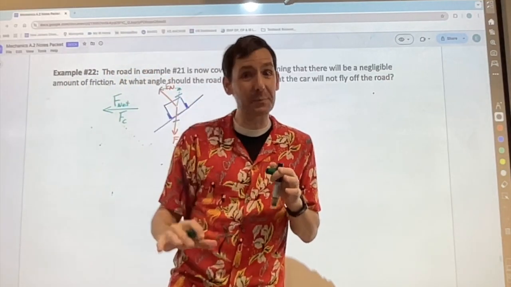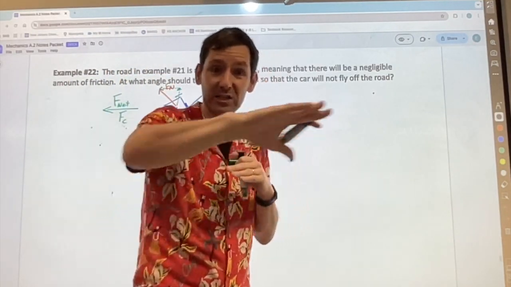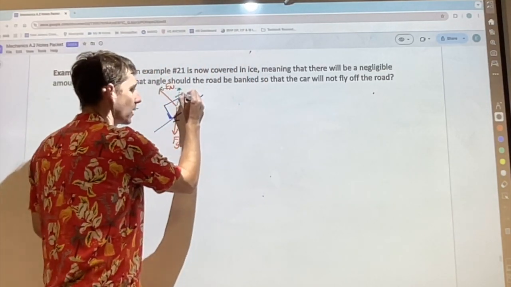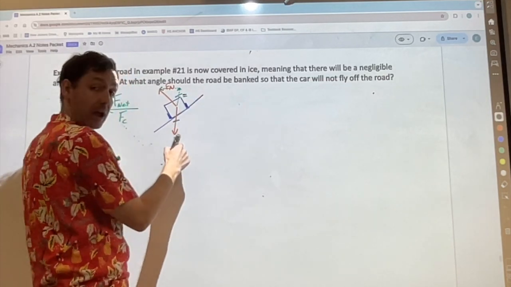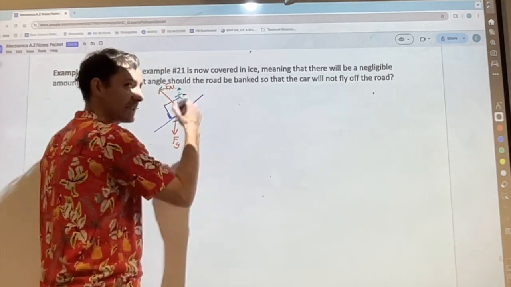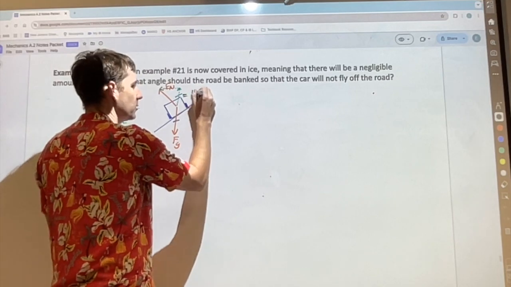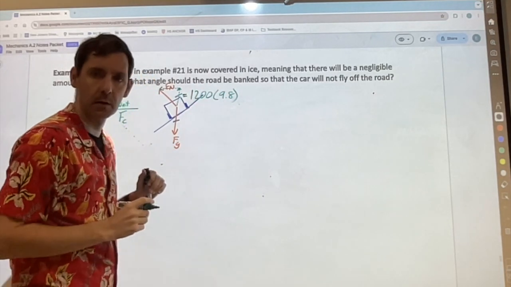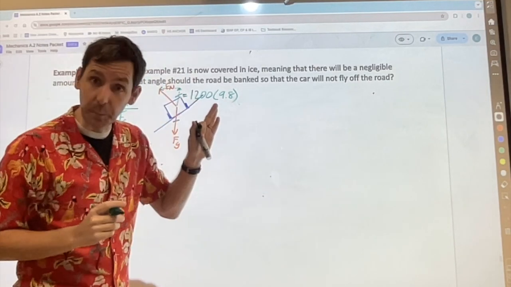Otherwise, my car would be slipping up and down, not just turning. So I know that the verticals are the same. So this right here must be Fg, which is mg, which, remember, was 1,200 kilograms times 9.8. So that's got to be the vertical part.